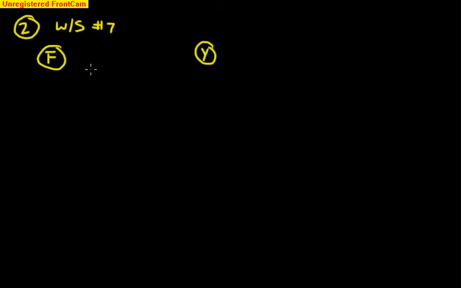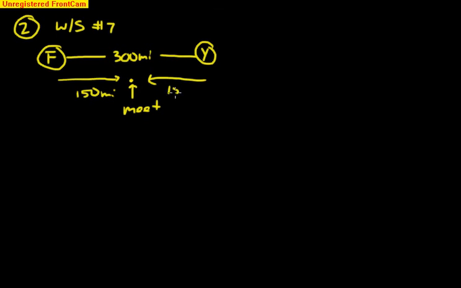You are currently 300 miles apart. You want to meet, so you're going to meet in the middle, right here. Which means that your friend is going to drive 150 miles, and you are going to drive 150 miles.